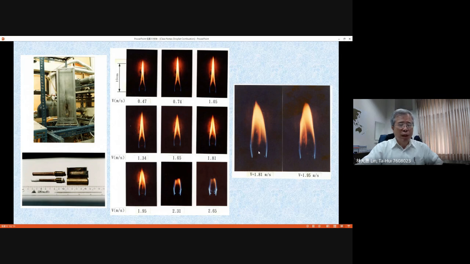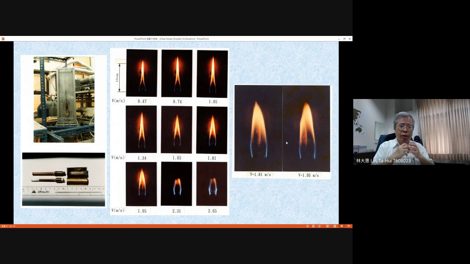But up to now, this is a very good question to think about: do we need to consider droplet burning in the real application? As I mentioned, in the combustion process, the gasification of the droplet becomes the most important part.